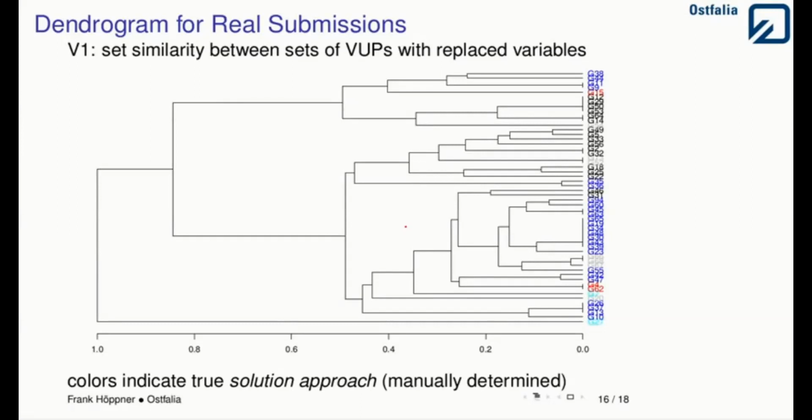For the first simple version of similarity, that is the version where we have only one VUP set for the full code with all variables renamed, we see that the larger subtrees mix up different solution approaches. Here blue and red, and here we have all three mixed together in one cluster.